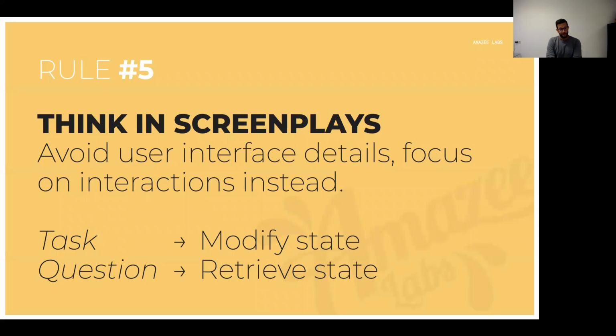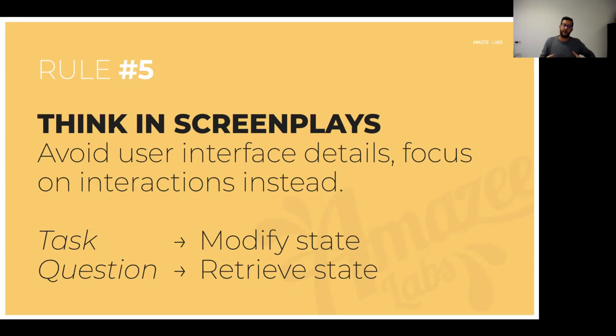And rule number 5 is thinking in screenplays. I'm referencing here the screenplay pattern, which we will not go into very much detail. The screenplay pattern is a concept for organizing and writing your test code as well. But I just want to scratch the surface here, because it also encourages to hit the right level of abstraction when writing scenarios.